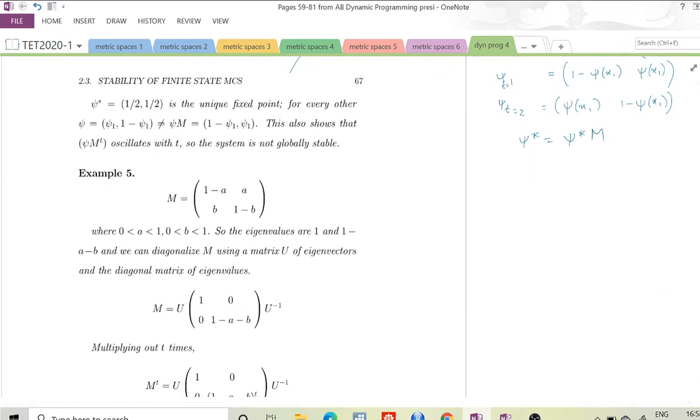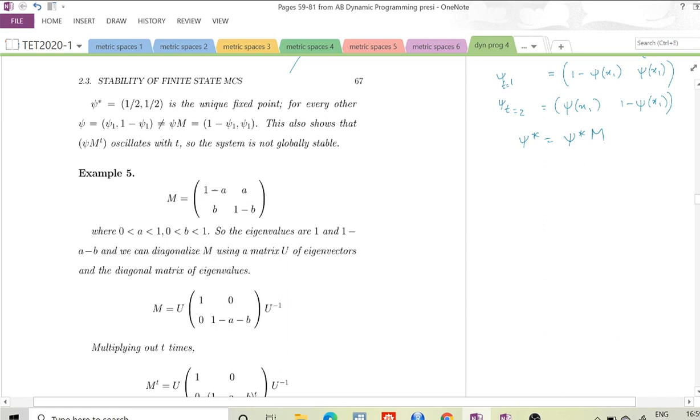On the other hand, suppose you have a two-state world, and again this is an extremely simple example, in which all these probability numbers are strictly positive.